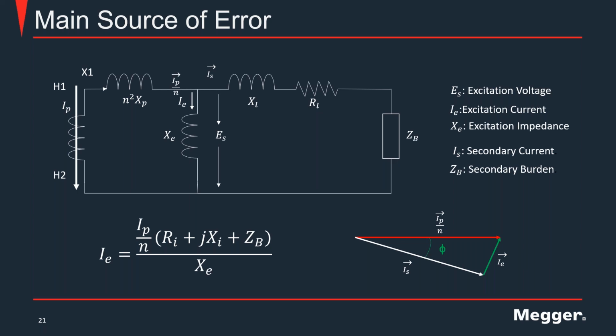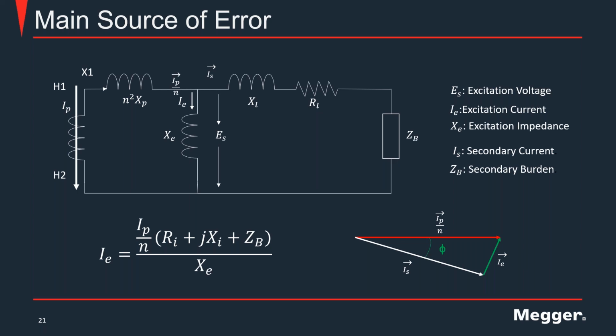The second element is how much accuracy you want. Is the application for metering? For protection? For both metering and protection? Most CTs you can find in the market right now can be specified with both a metering and a protection specification.